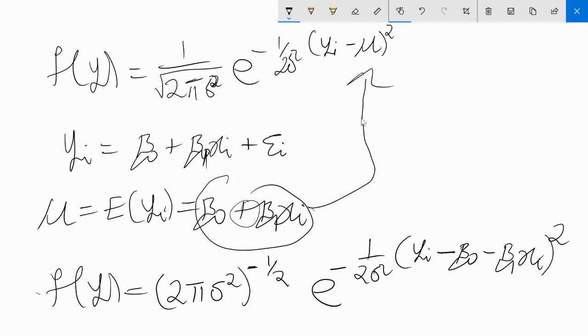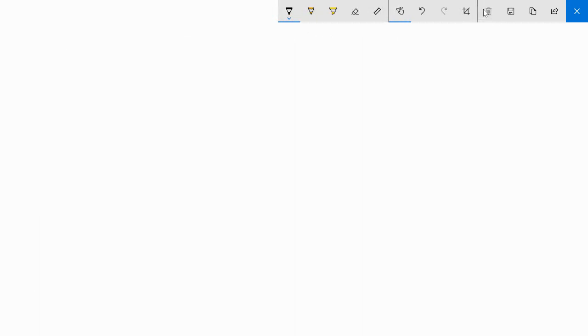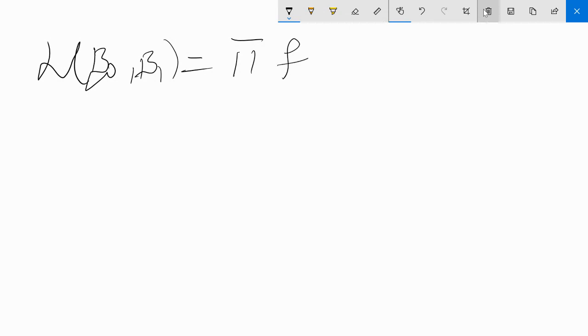So this is our normal function. This is the distribution function. We are going to use the method of maximum likelihood to estimate beta 0 and beta 1. And that one is given by the product of the function.